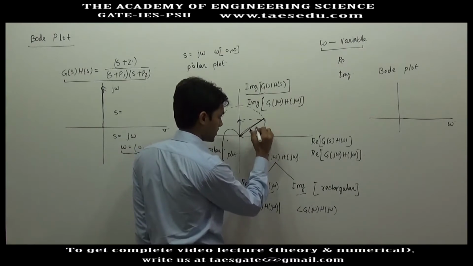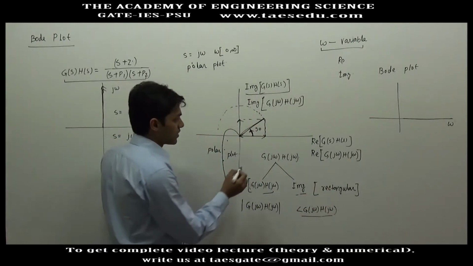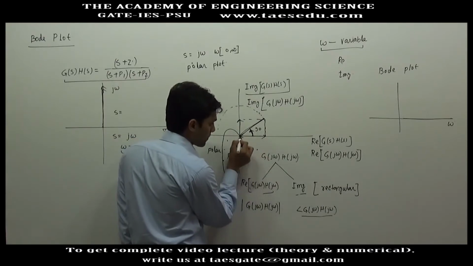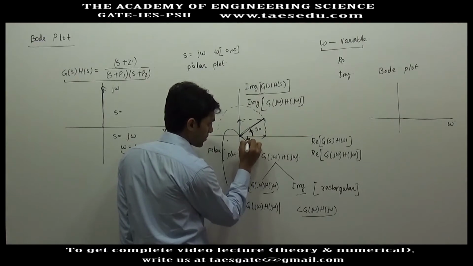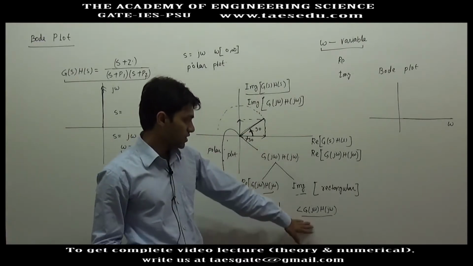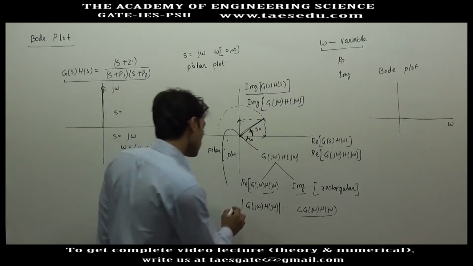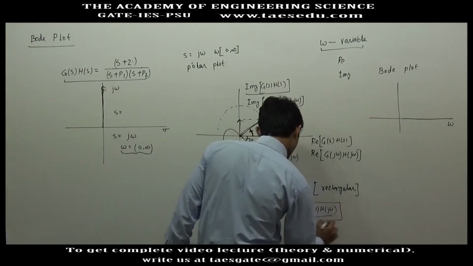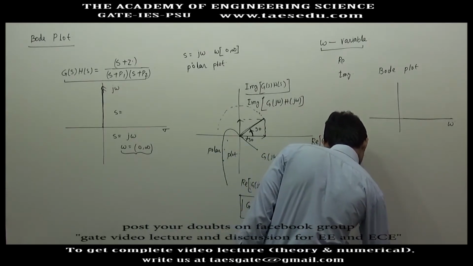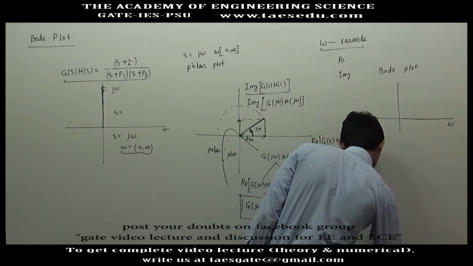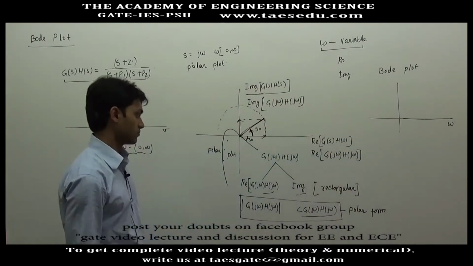Suppose this angle is 30 degree, so angle of G(j omega) will be 30 degree. If the point is here, with the same angle but moved in clockwise direction, the angle of G(j omega) will be minus 30 degree. This kind of representation is called polar representation, in polar form. This is rectangular form, this is polar form.